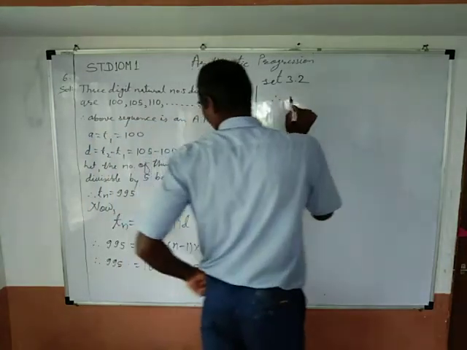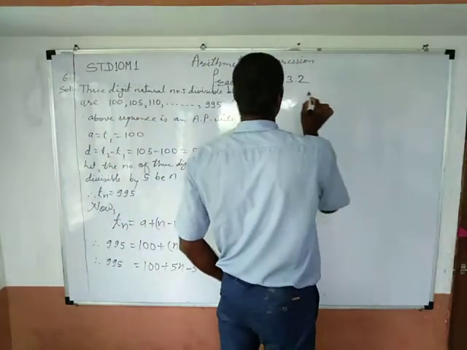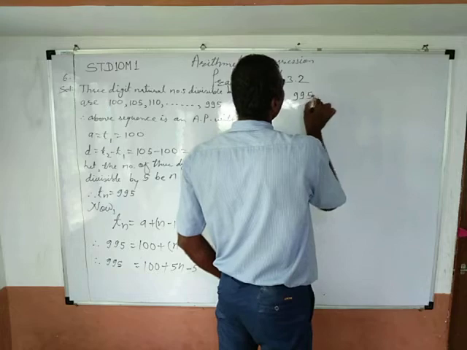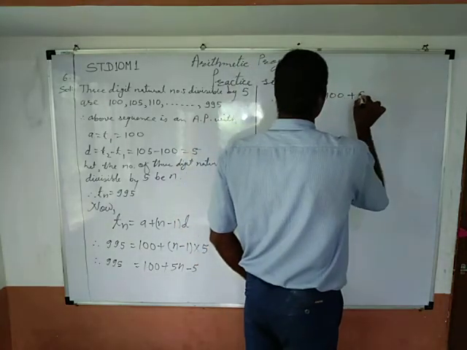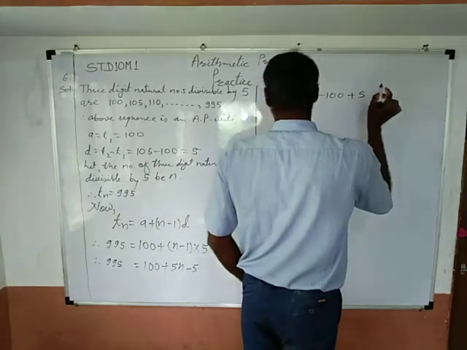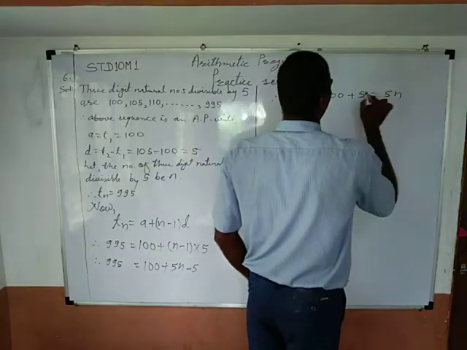Therefore, on rearranging this equation, we get 995 minus 100 plus 5 equals 5n.